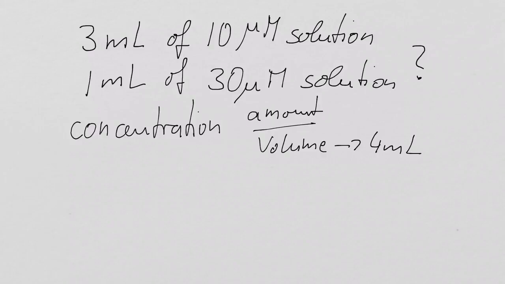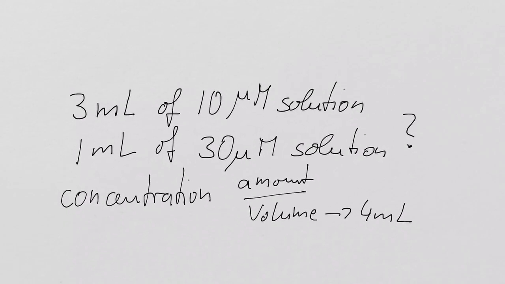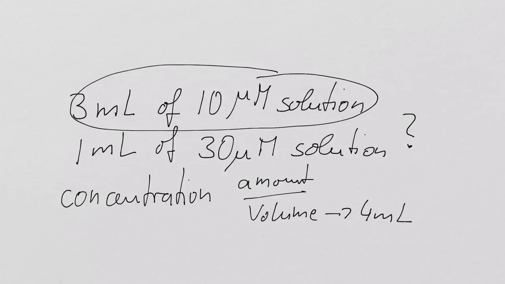Now what is an amount? How do I measure an amount? Moles, exactly. So what I need to do is calculate how many moles I have in solution A and how many moles I have in solution B, and add them together. Yeah, make sense?